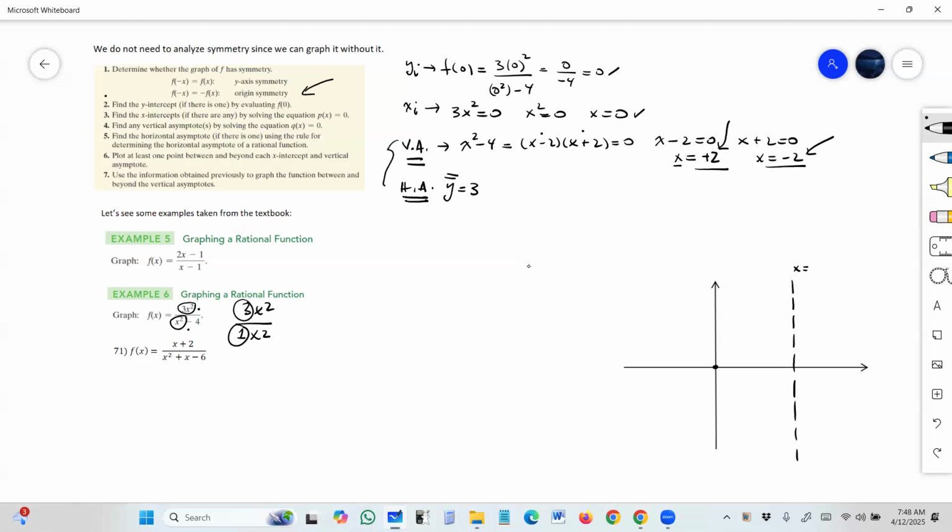The graph of the function doesn't touch them. And I am going to plot the horizontal asymptote.